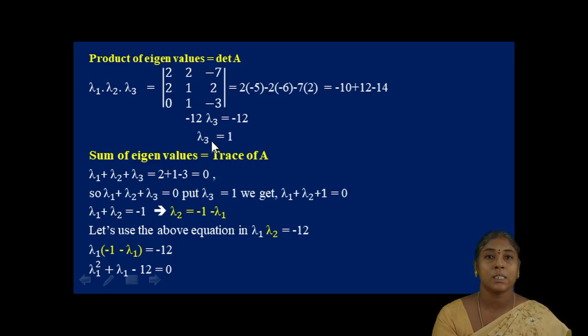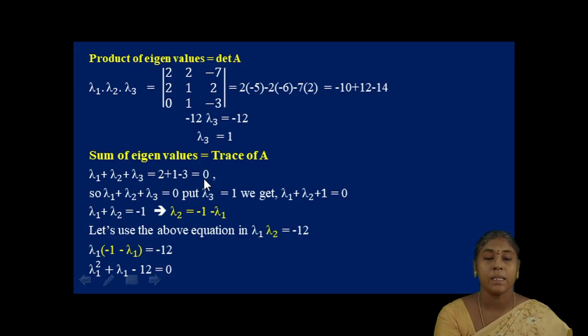Now, let's use the next property. Sum of the diagonal elements is nothing but trace of A, which is equal to sum of eigenvalues of A. The eigenvalues of A are lambda 1, lambda 2 and lambda 3. Whenever we add these three values, it is going to be trace of A. Trace is nothing but the diagonal entries 2 plus 1 plus minus 3.